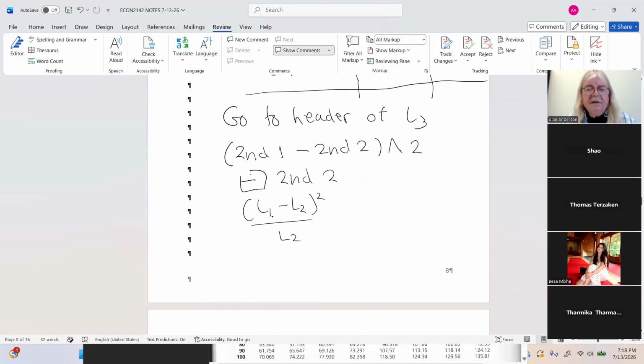So it's the same thing. Then you'll see it will fill itself in automatically.